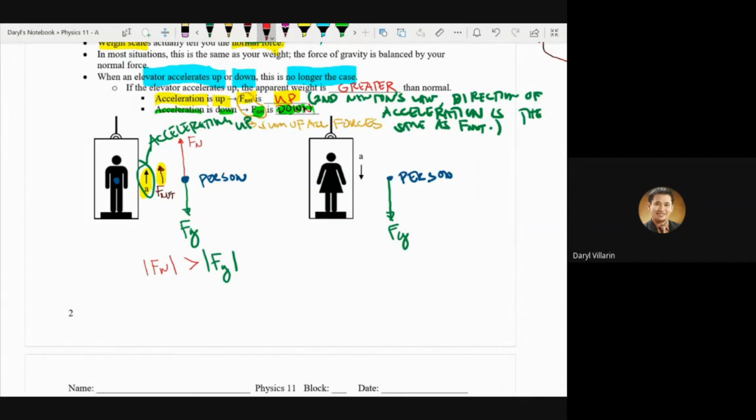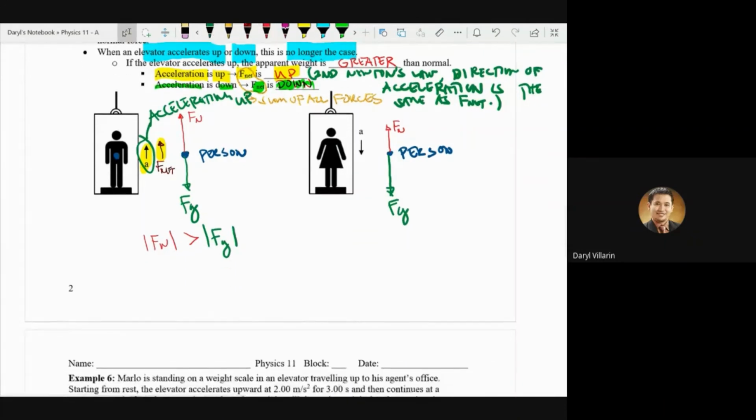For my net force to be down, the normal force, Fn, is smaller. So if you're riding on an elevator and accelerating downward, the magnitude of your weight is bigger compared to the magnitude of the normal force being exerted by the scale.